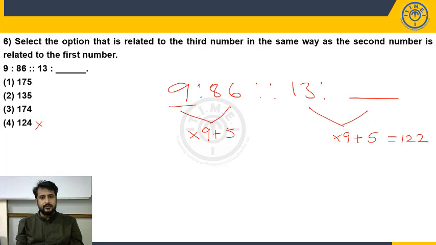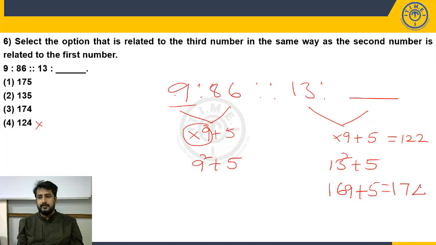Can I say that 9 into 9 is nothing but 9 square plus 5? Instead of thinking 9 into 9 plus 5, I am saying that it is 9 square plus 5. Now if I apply the same logic, it should be 13 square plus 5. 13 square is 169 plus 5 is 174. Is it available in the choices? Yes. So choice 3.